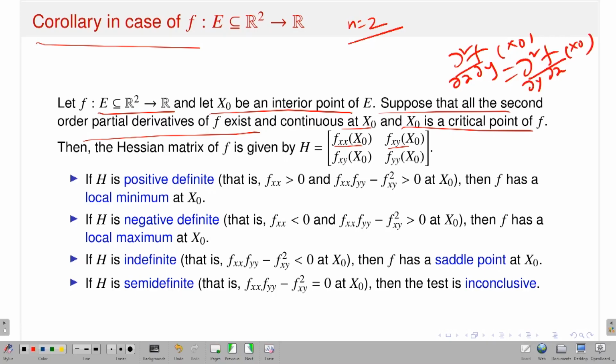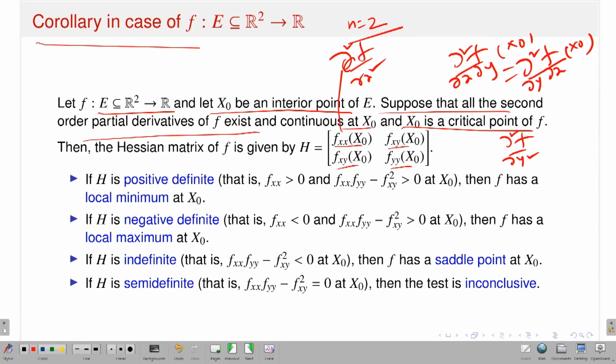That is because my second order partial derivatives exist and are continuous. So, whether I am doing y first, x second, or x first, y second, does not matter, all are equal. And the last element is del 2f del y square. So, now I have an explicit form for the Hessian matrix.